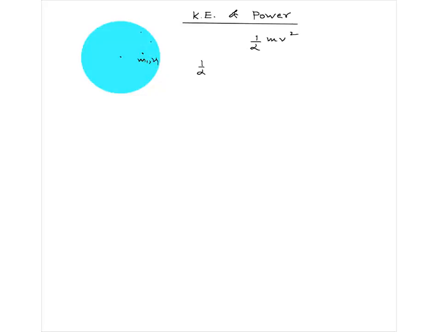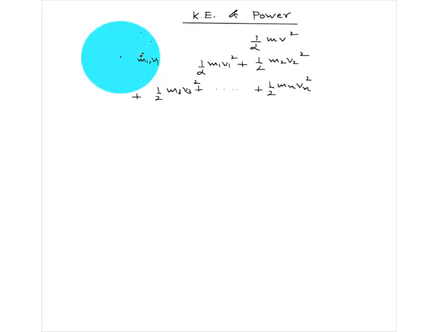Particle m1, particle m2, particle m3, particle mn. When we add the kinetic energies for all of them, that gives us the kinetic energy for this body.